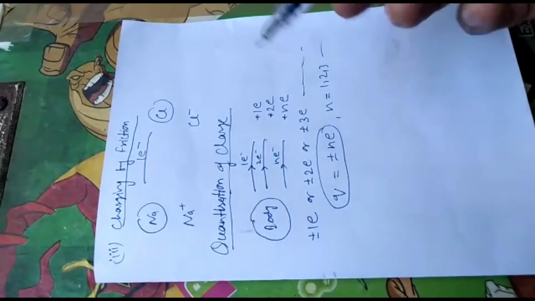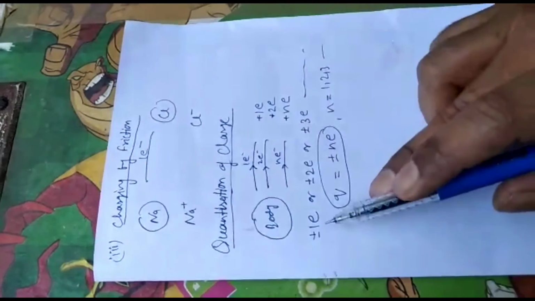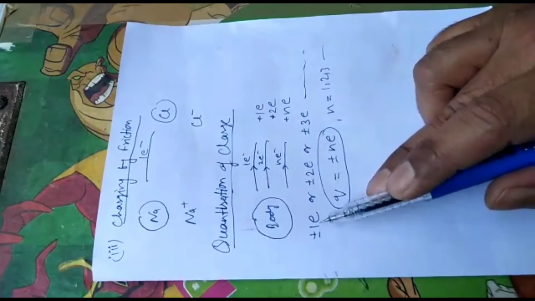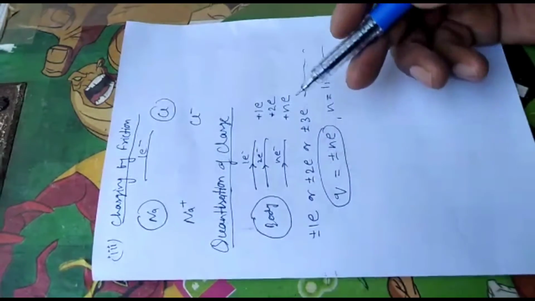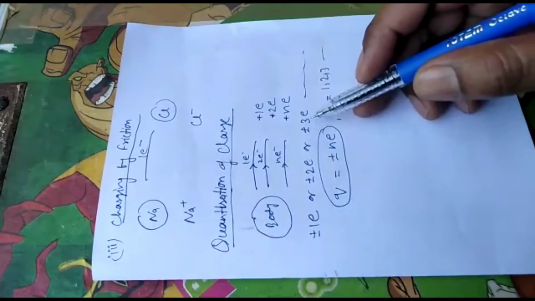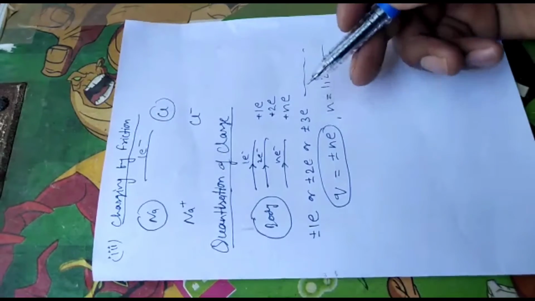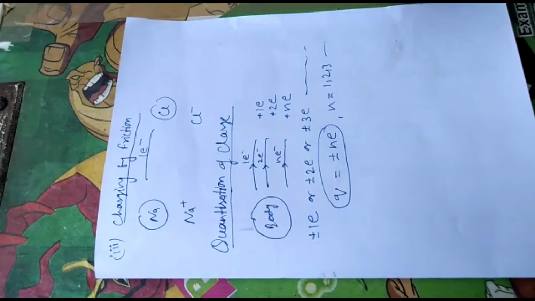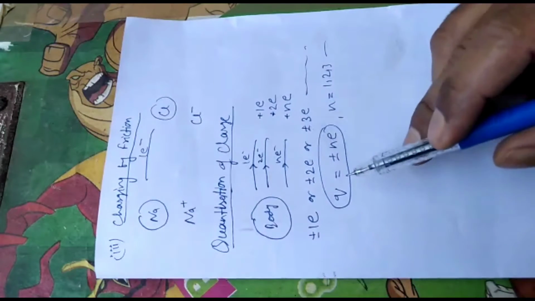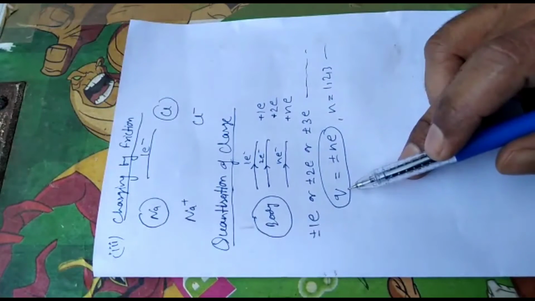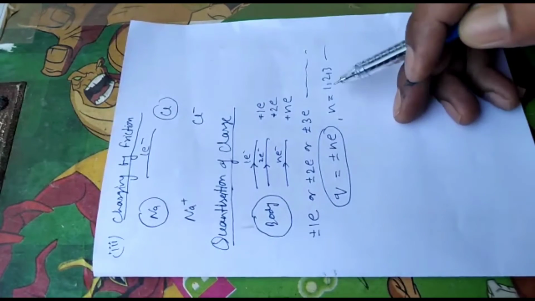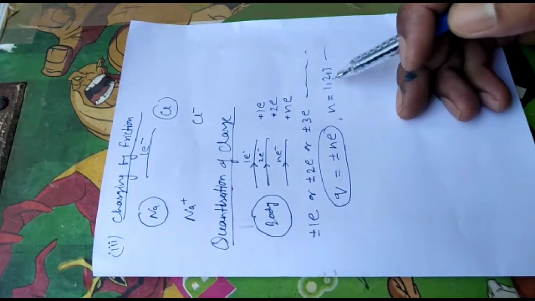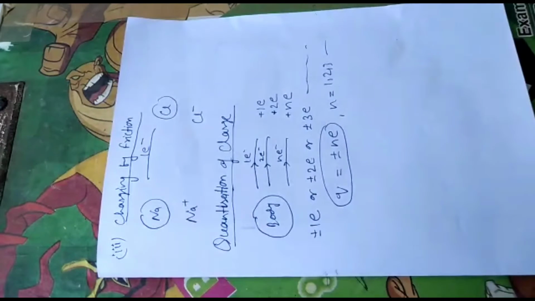So we find that by transferring of electrons, plus minus 1e charge can be generated on a body, or plus minus 2e, or plus minus 3e. It may vary by the number of electrons transferring. So from this we can conclude that the charge generated on a body is in the form of q equals plus minus ne, where n is equal to 1, 2, 3, and so on.